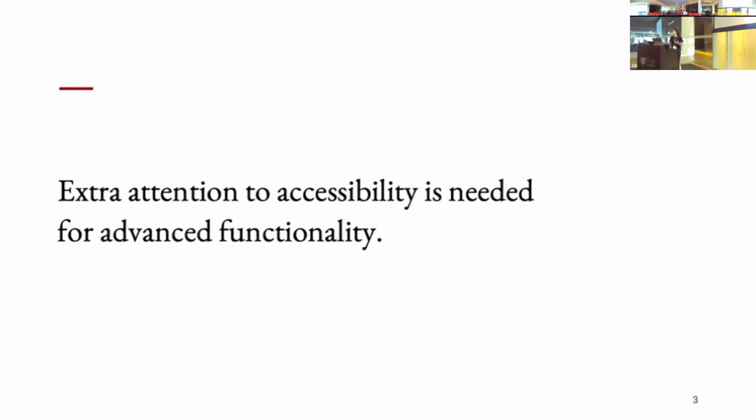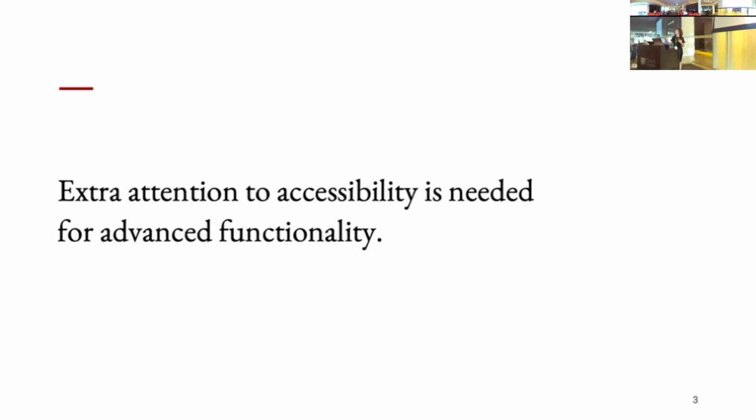So anytime that we are working with those types of interfaces, we need to make sure that we're paying extra attention to accessibility for this type of advanced functionality. One of the main reasons for that is because it is incredibly hard to remediate some of these types of interfaces once they've already launched.